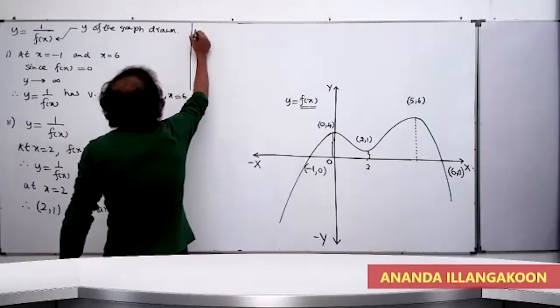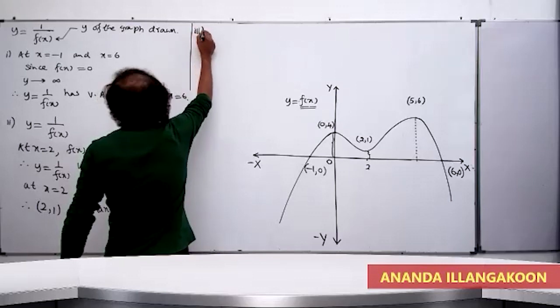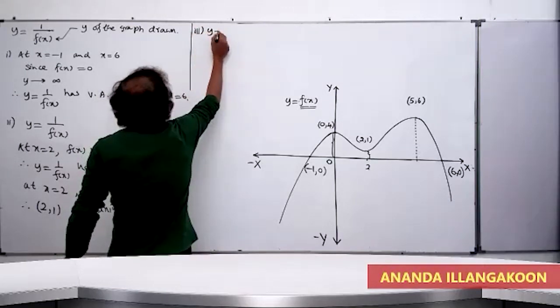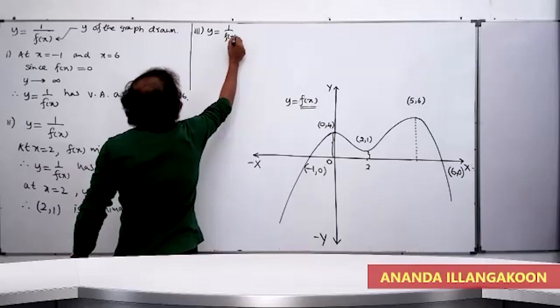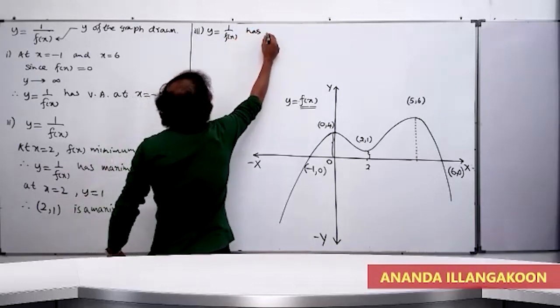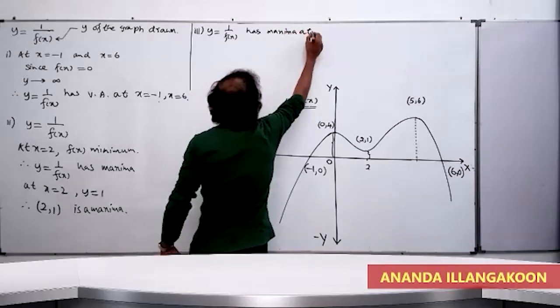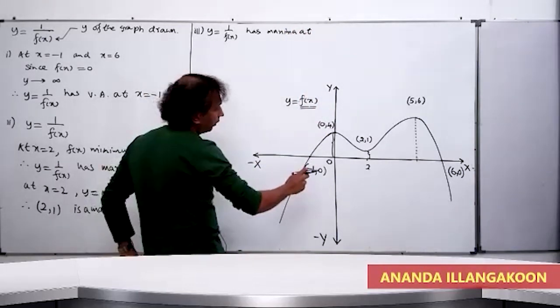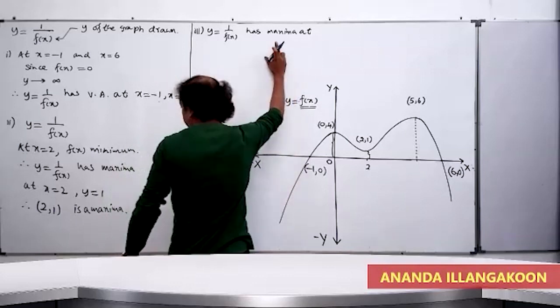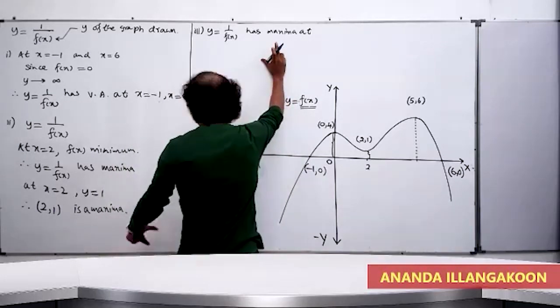Right. Number 3. y equals 1 upon f(x) has minima, not maxima, minima, no?